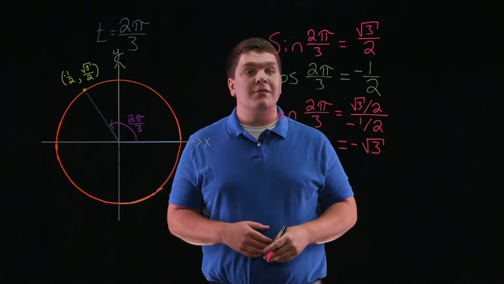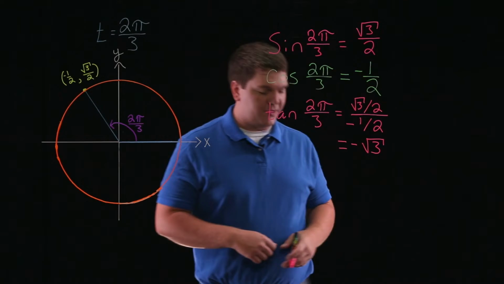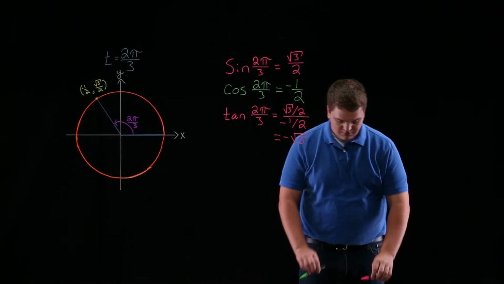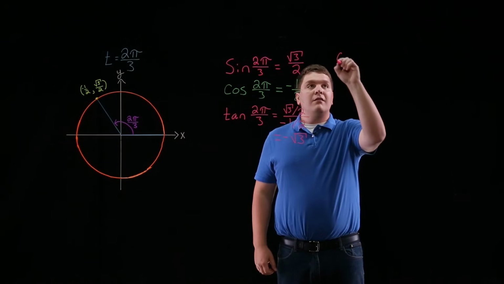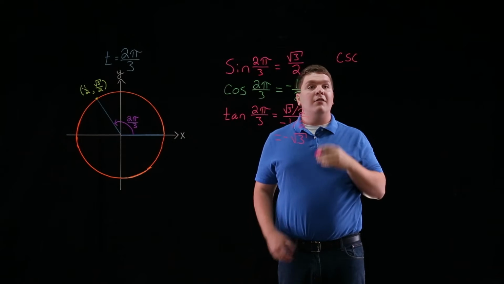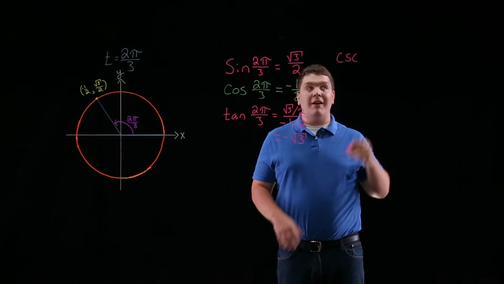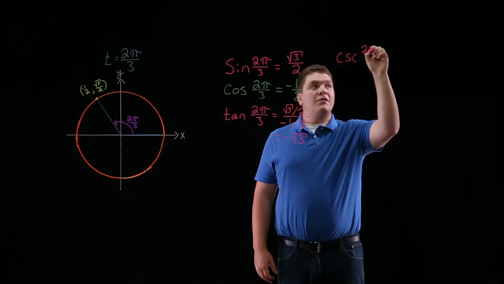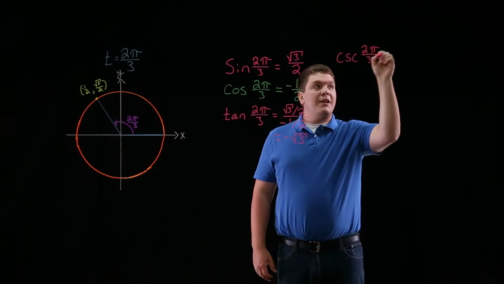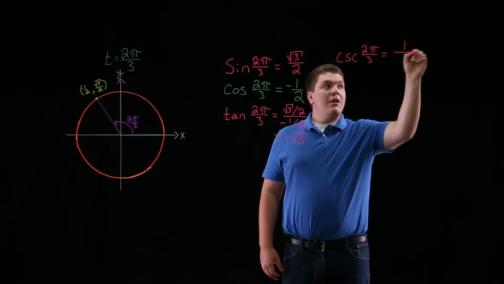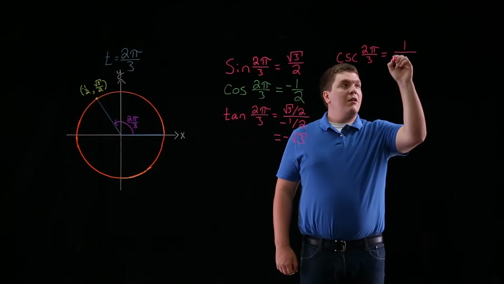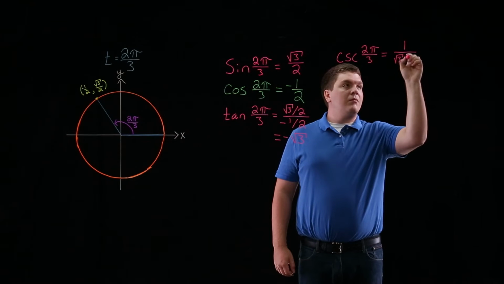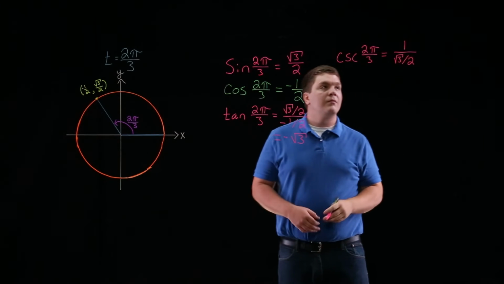Now let's go ahead and look at cosecant, secant, and cotangent. So cosecant of an angle is 1 divided by the y value. So cosecant of 2 pi divided by 3 is 1 divided by the y value at this point. So that's 1 divided by the square root of 3 over 2.